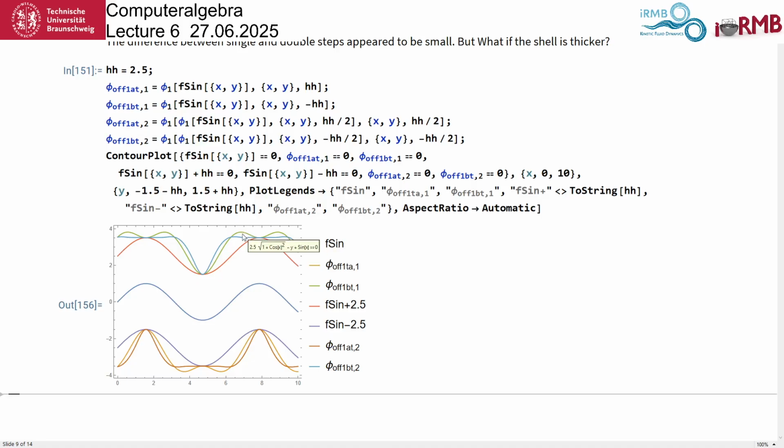So we have here some bulging out of the one-step function, and we have bulging out, but much less, in the two-step function.